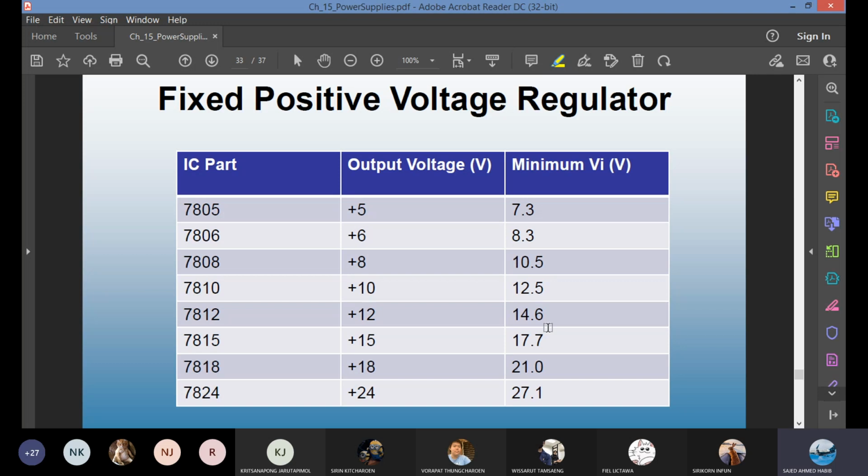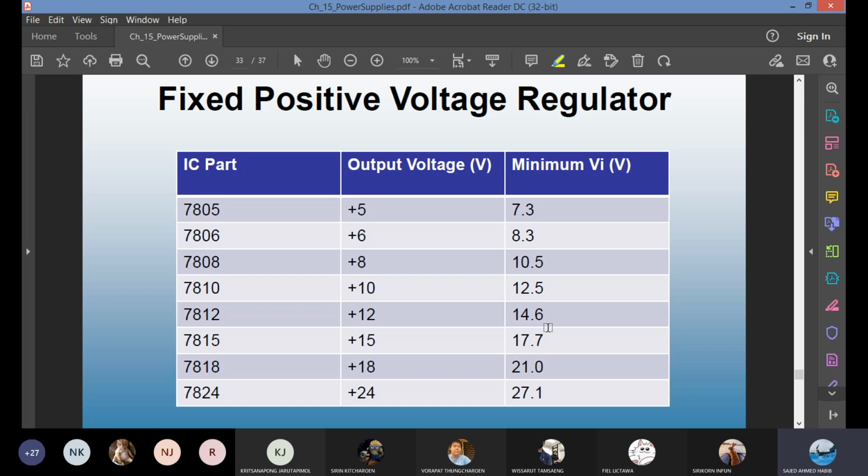You have 78, 05, 06, 8, 10, 12, 15, etc. So 5 volts, 6, 8, all the way to plus 24. If you have a negative voltage regulator, there will be notations which tell you that it's a negative one.